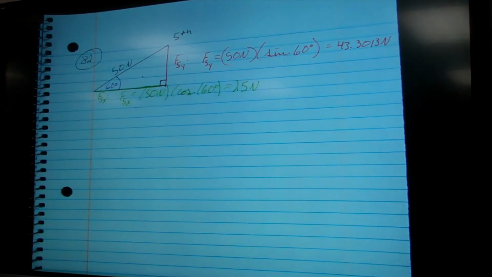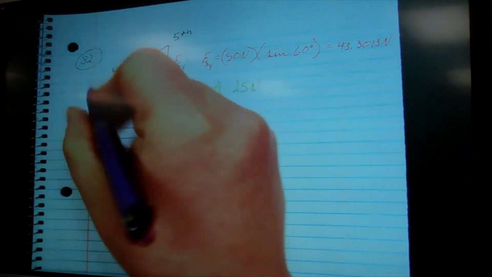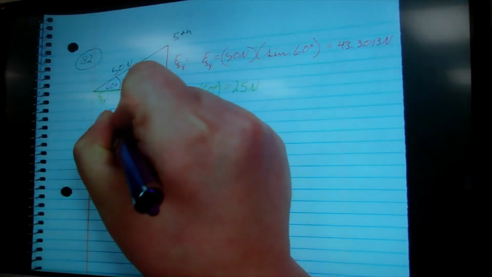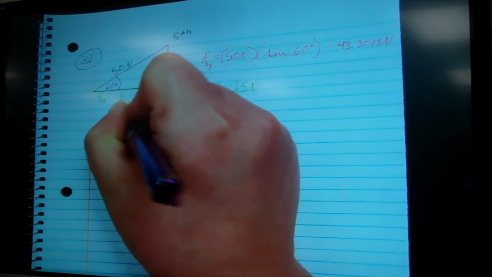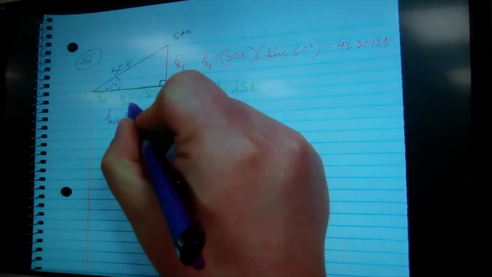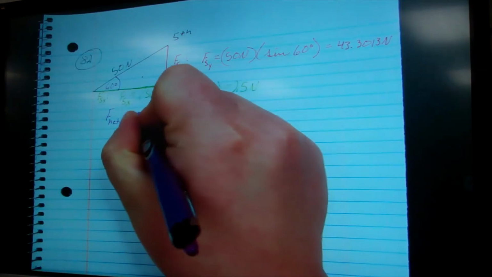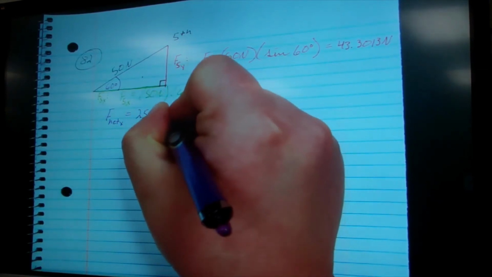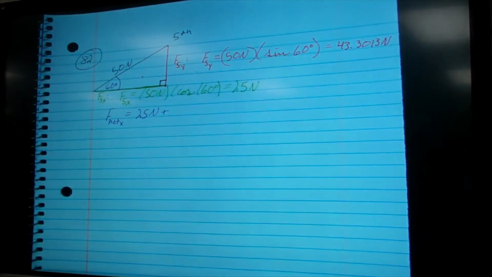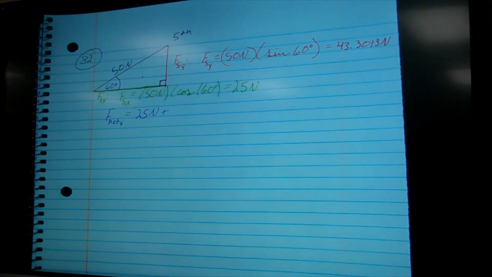Okay. So now in this, we need to find these net forces. Net force, X component, is equal to the X component of the fifth force, which is 25 newtons, plus, I'm going to start on the X-axis and go around. So I have the 40 newtons.